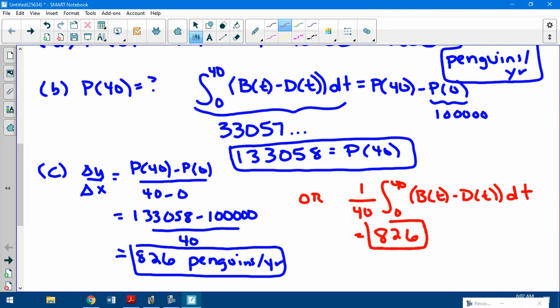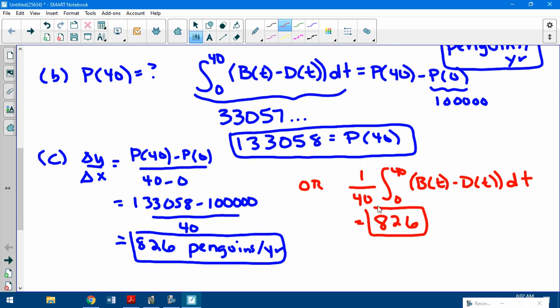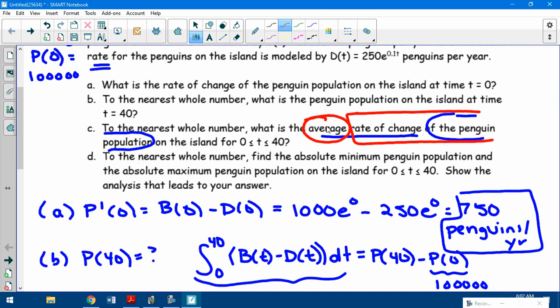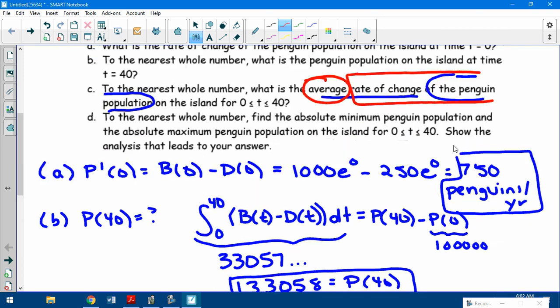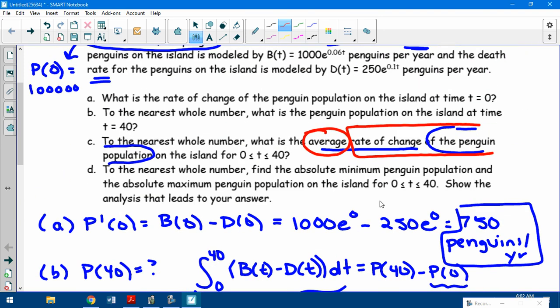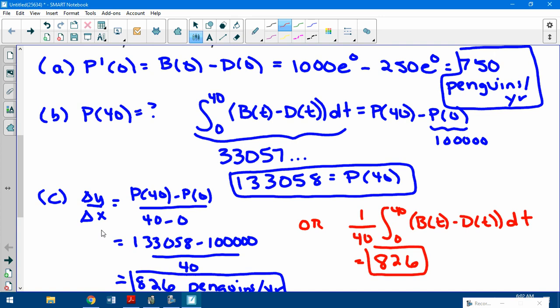So I think that word average rate of change always throws people off. That shows you the two different ways to do it. If you think of it as average of a function, the function is the rate of change of penguins, I can do 1 over b minus a. If you think of it as average rate of change of a function, then it's the slope value of a function.